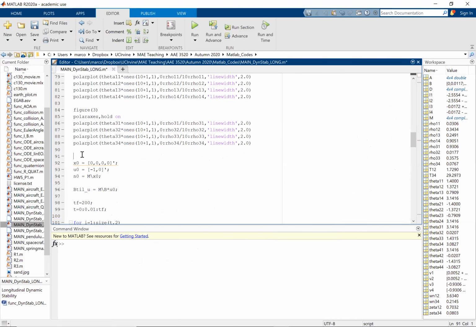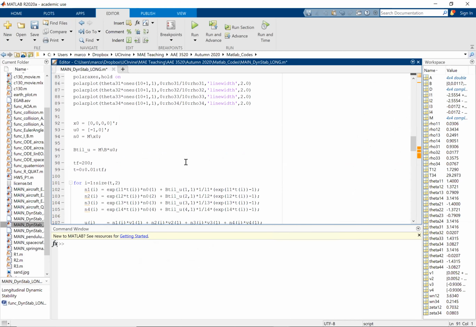Okay, so now we are ready to solve the actual linear system. And so, as anticipated, we can do it in 2 ways. We can do it analytically and we can do it numerically. So I've done it in both ways here, starting with the initial conditions in terms of the state perturbation all equal to 0, and then the control perturbation equal to -1, 0.